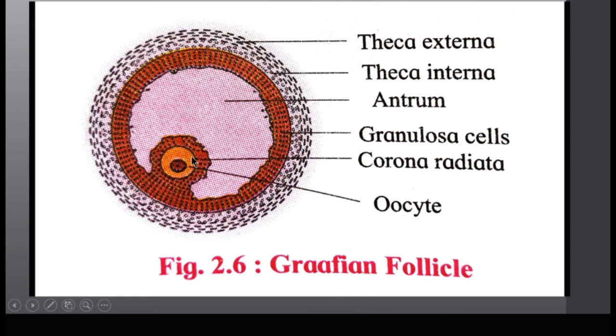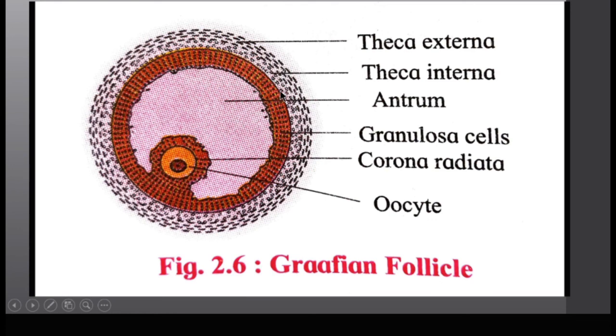We can see the oocyte is over there. The oocyte is eccentric, that means it is not found in the center. This oocyte is surrounded by the corona radiata cells. These are the corona radiata cells, which radiate like crown-like structures. Then you can see that these are the granulosa cells, and then these are the theca cells, the theca interna and this is the theca externa.